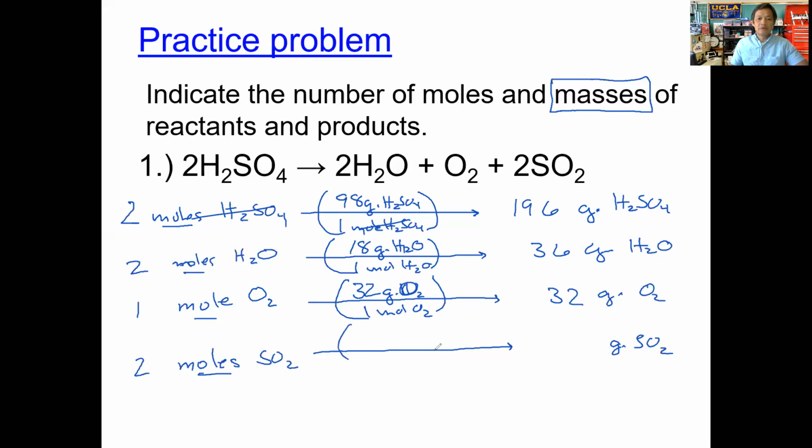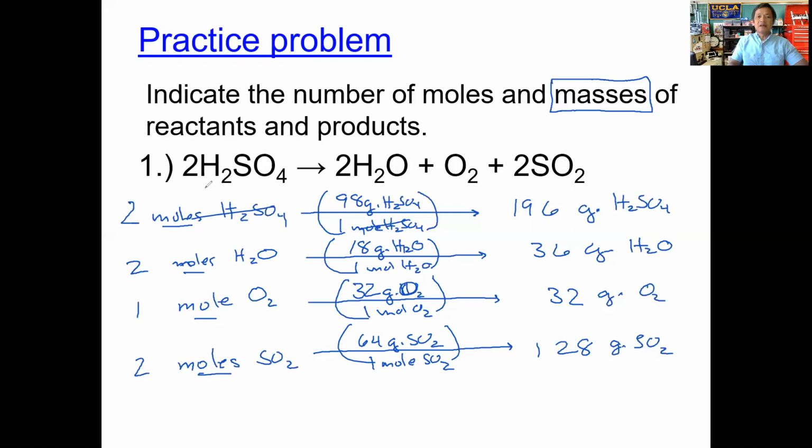Finally, with sulfur dioxide, you add 1 sulfur and 2 oxygens together, and you get 64 grams per mole. So we put the 64 grams on top over 1 mole of SO2, and you end up with 128 grams of sulfur dioxide. So what is this telling us?